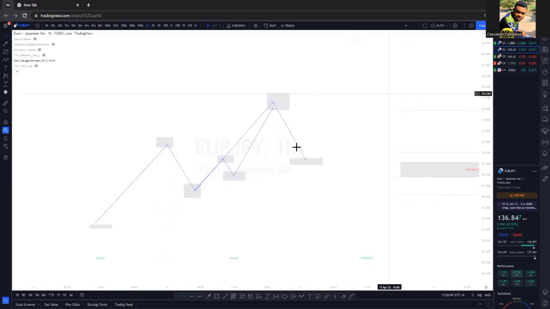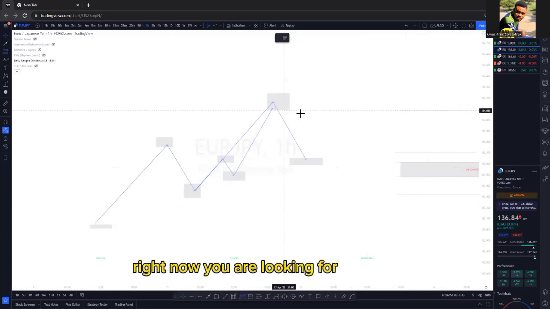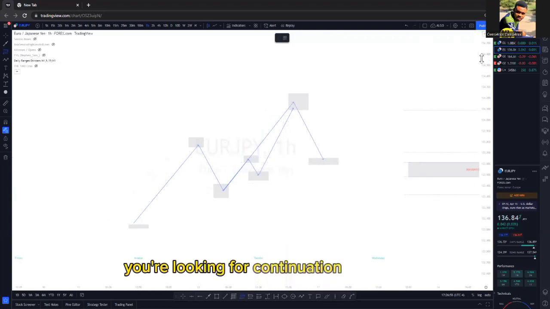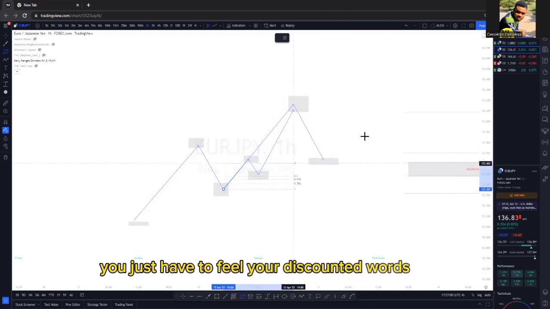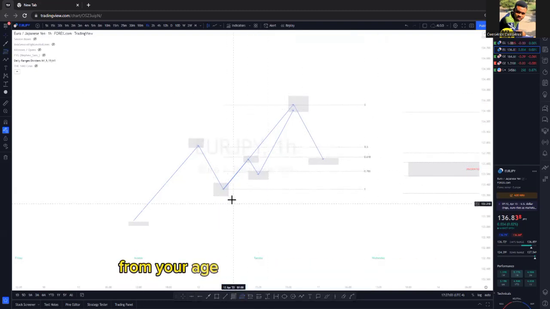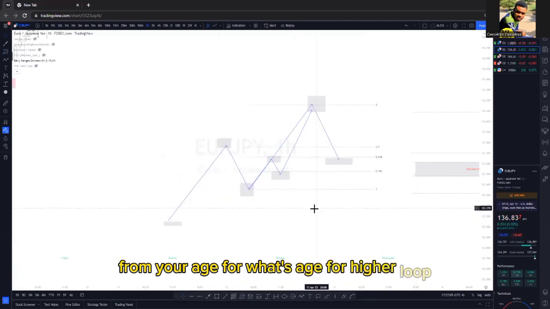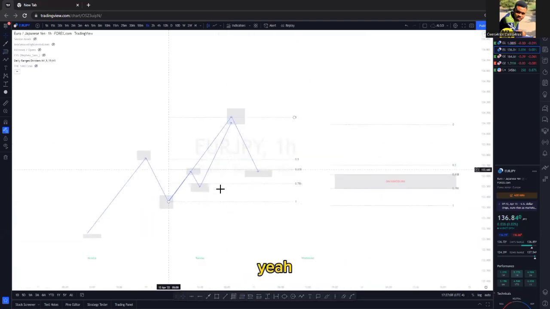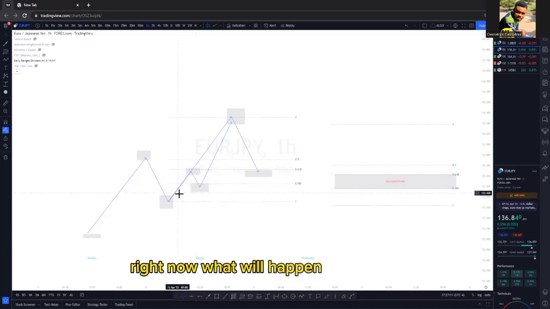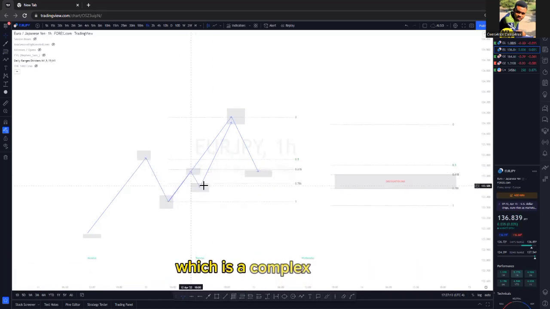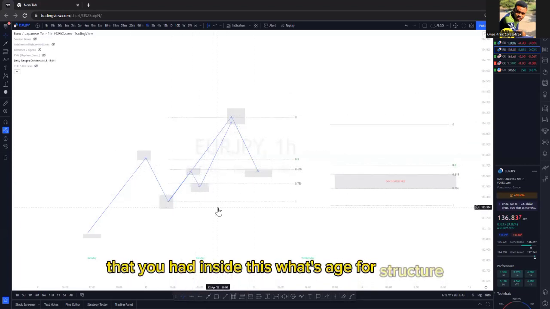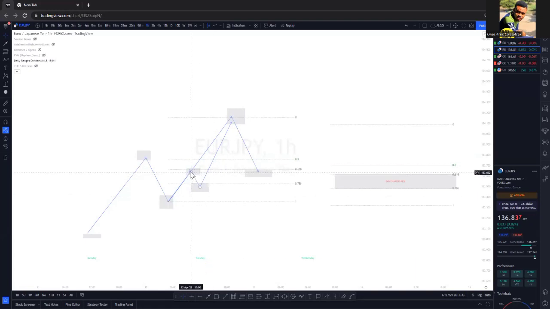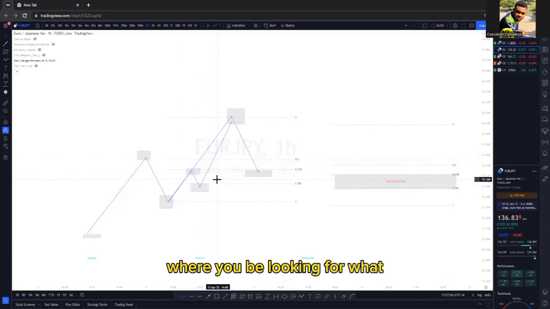So right now you are looking for a buy. You are looking for a continuation of this trend. What you need to do is fib your discounted price from your H4 higher low to the H4 higher high. Then right now, your H1 complex pullback inside this H4 structure is going to be a zone where you'll be looking for your POI.